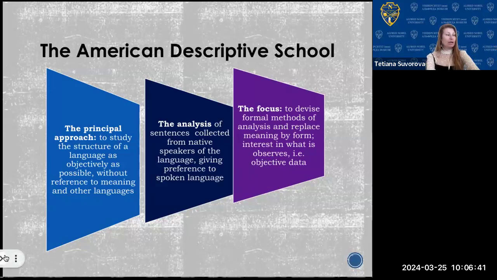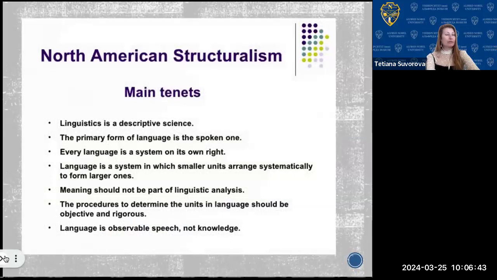Okay, so then there are characteristics that you can see of North American structuralism. The language is observable. Yes, it is observable speech, not knowledge. I always pay attention to that.